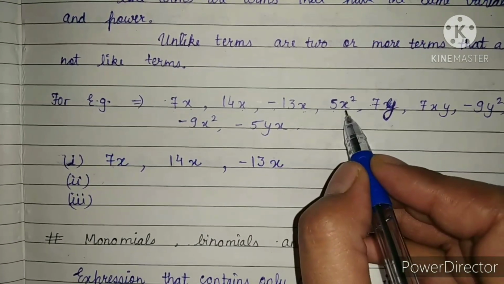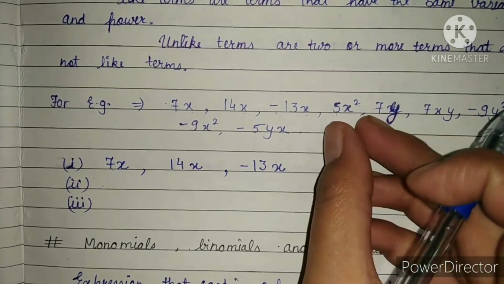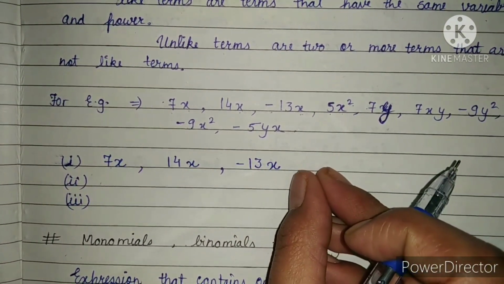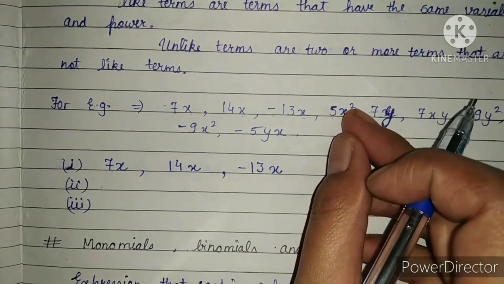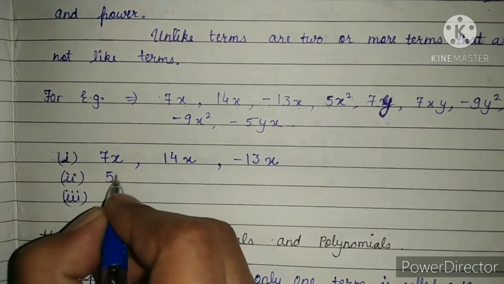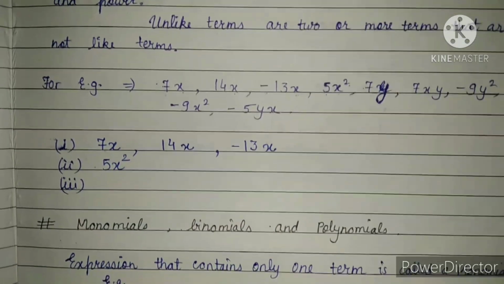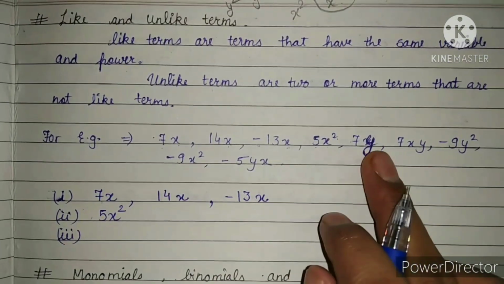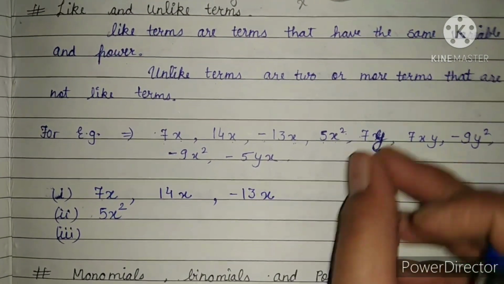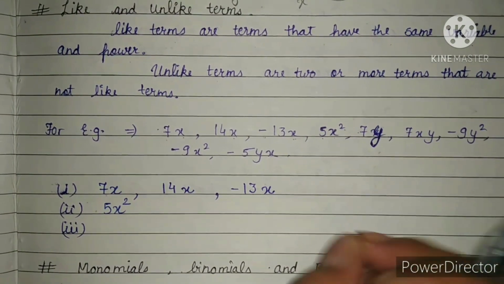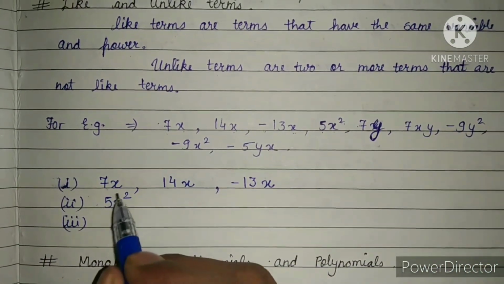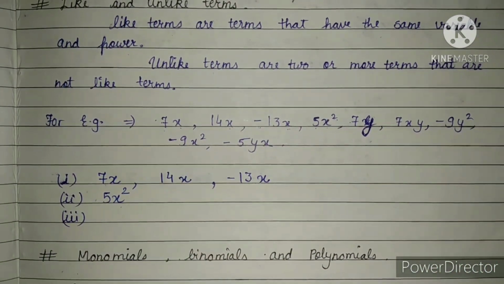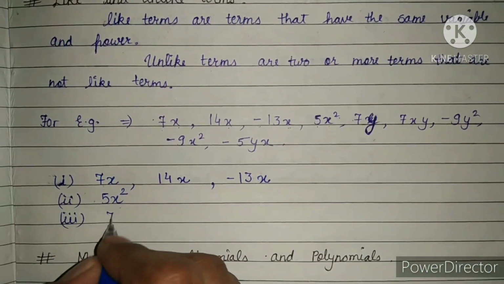Now we have 5x square. Will this x square term go here? No, because here it is x square, so this is the next group, 5x square. Now 7y. Will 7y go in the first or second? No, because y is totally different from x or x square. So here 7y.